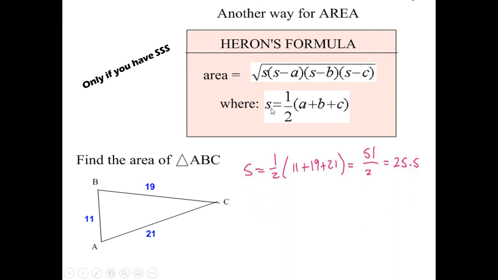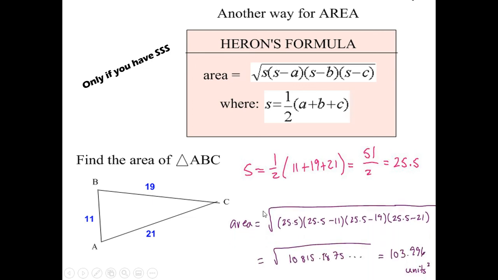So S equals 1/2 A plus B plus C, which is 51 divided by 2, or 25.5. Now we're going to take that 25.5 and plug it into that first formula there. So area is equal to the square root of 25.5 times 25.5 minus 11 times 25.5 minus 19 times 25.5 minus 21.